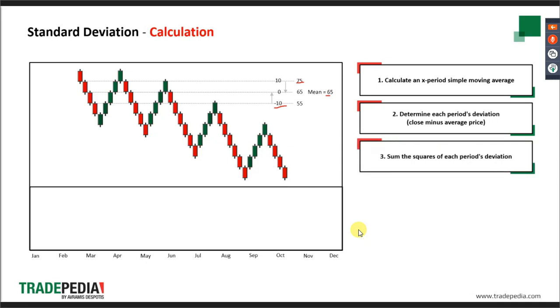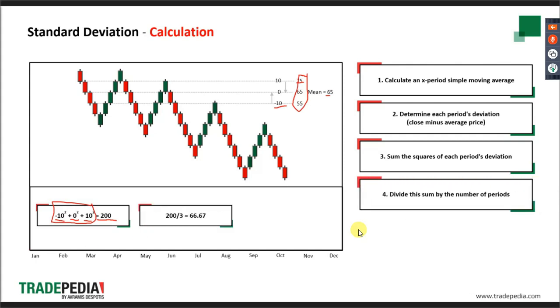Next, we will sum up the squares of each period's deviation. So our negative 10 squared plus 0 squared plus 10 squared. The answer is 200. Now with this sum, we have to divide it by 3.